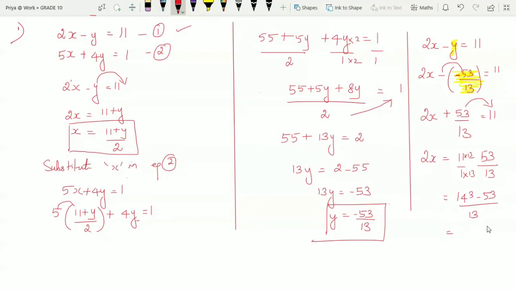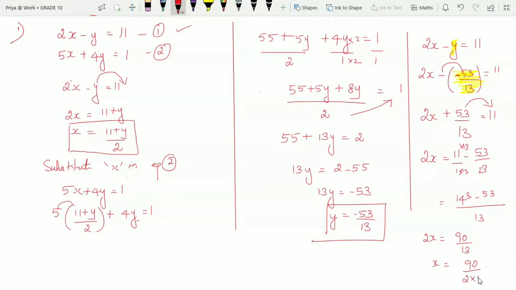That is equal to 90 by 13. I need only x, so transpose 2 to the other side. That means the 2 will come to the denominator. So 2 times 13 is 26 and 90 by 2 is 45. So x is equal to 45 by 13.